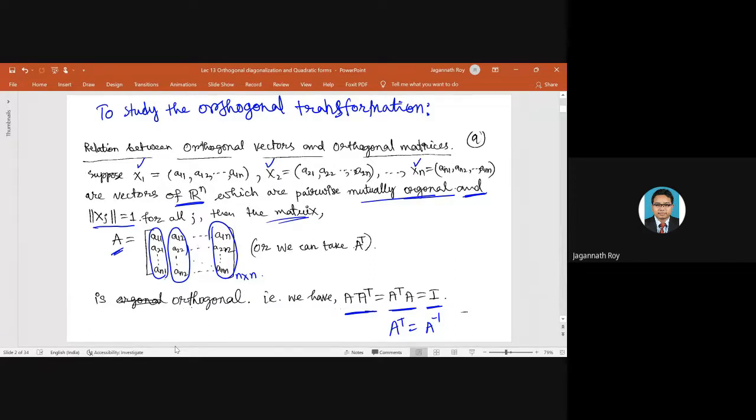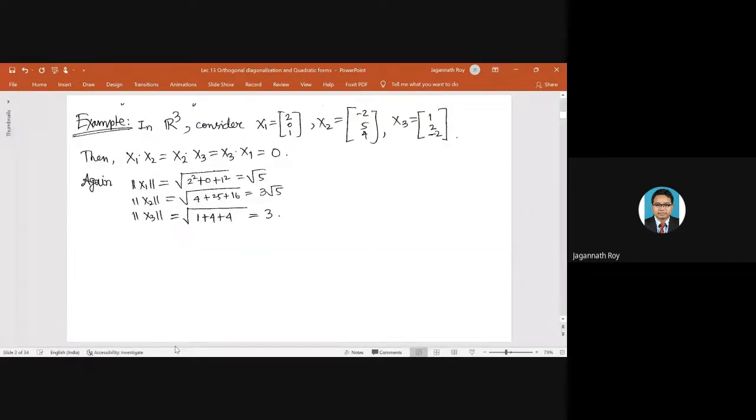Now if you take one example for this particular case, x1 dot x2. If you want to verify whether two vectors are orthogonal or not, what do we do?